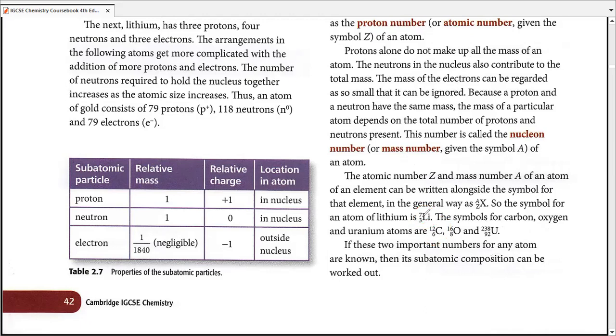Now, you have four symbols: lithium, carbon, oxygen, and uranium written in front of you. Pick the element or elements which have the exact same number in terms of their electrons, protons, and neutrons. I mean, their number of electrons are equal to their number of protons are equal to their number of neutrons.